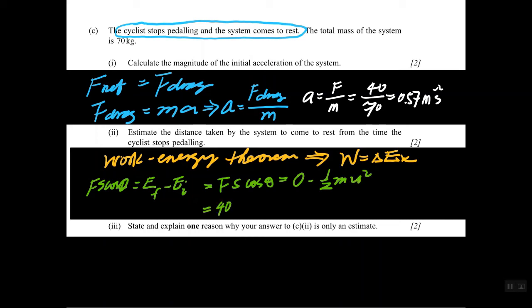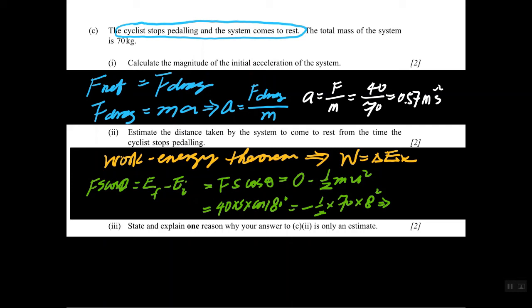Final kinetic energy is 0 as the system stops. So we substitute the force applied, which is 40 Newton. The distance moved is what we are looking for.